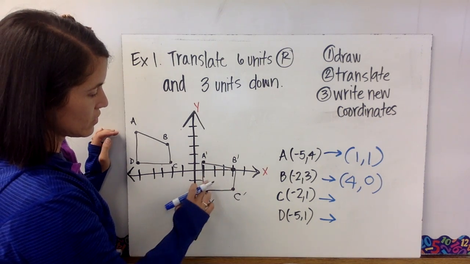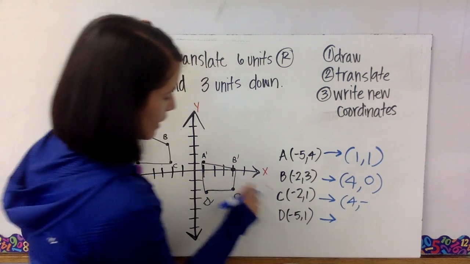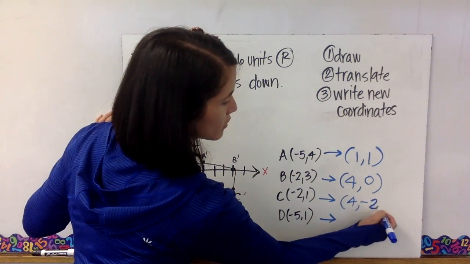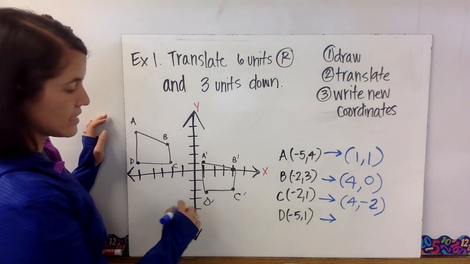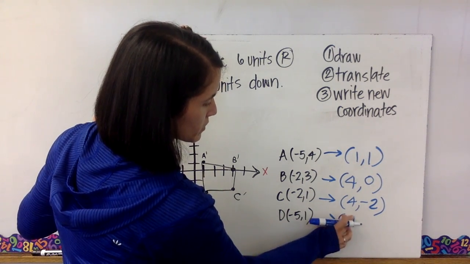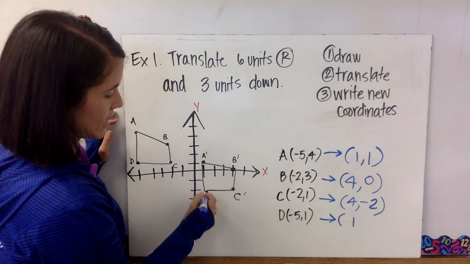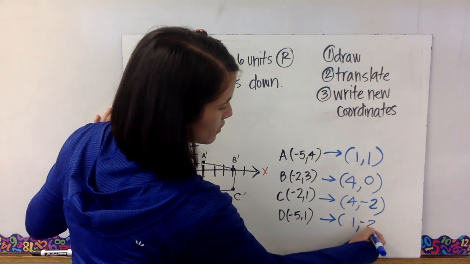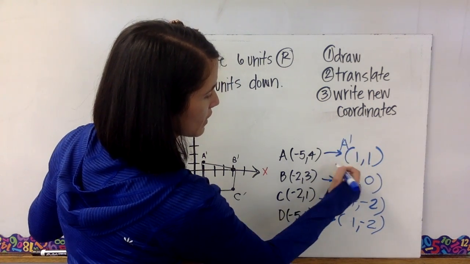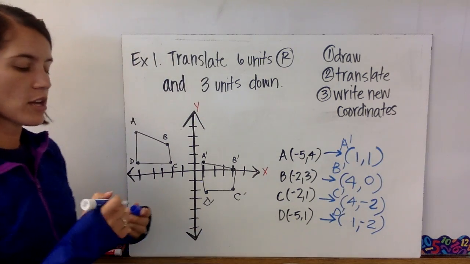C is 1, 2, 3, 4, negative 1, 2. Whoops, sorry. D is positive 1, negative 2. And this is A prime, B prime, C prime, and D prime. Those are my new coordinates.